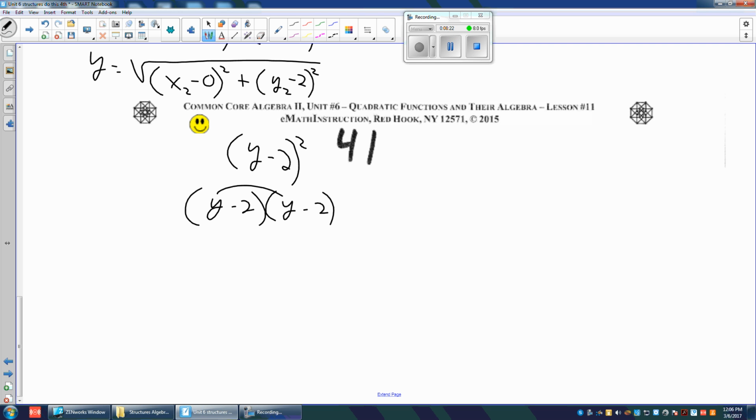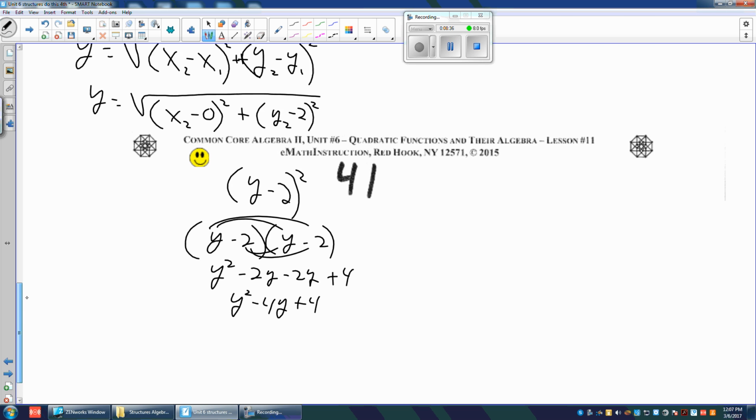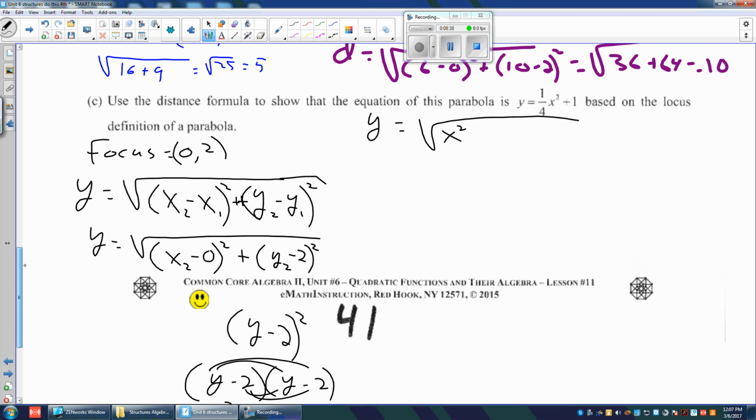Well, that's y squared minus 2y minus 2y plus 4, which is y squared minus 4y plus 4. Hopefully by the end of the year we're going to be able to do those in our head. Definitely by the end of pre-calculus we'll be able to do them in our head. So again, that was y squared minus 4y plus 4.